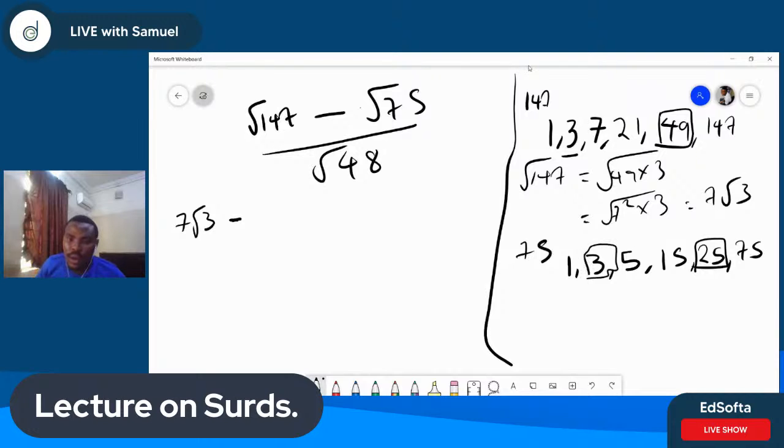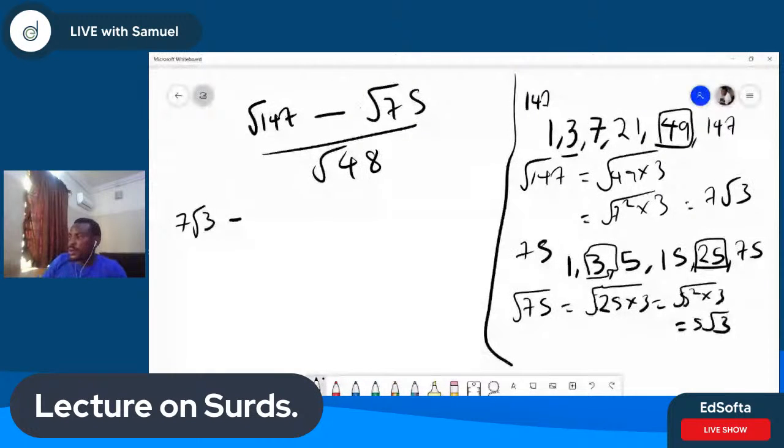So we can write 75 as root 25 times 3, which is root 5 squared times 3, which can be 5 root 3. But now we also need root 48, and we've done root 48. If you've been following, it can come off as 16 times 3, which can come up as 4 root 3.